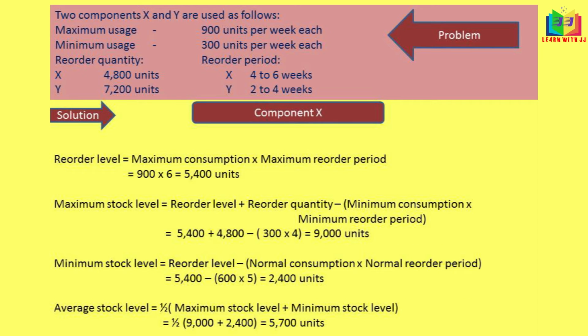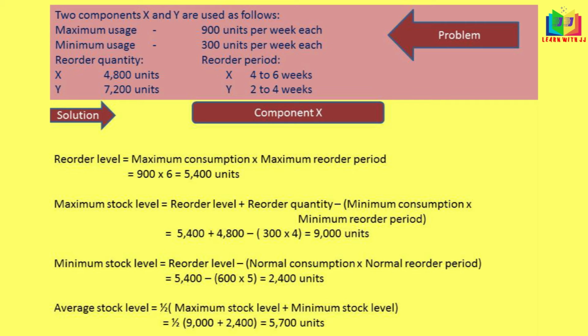And the next formula is average stock level. As we said earlier, we have two formulas for finding this average stock level. We can use both the formulas. First, I used half into maximum stock level plus minimum stock level. We'll get 5700 units.